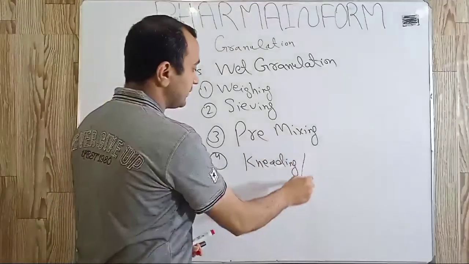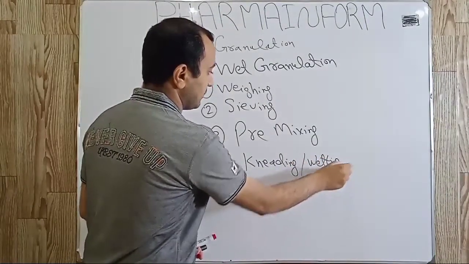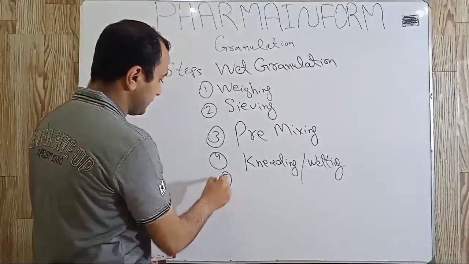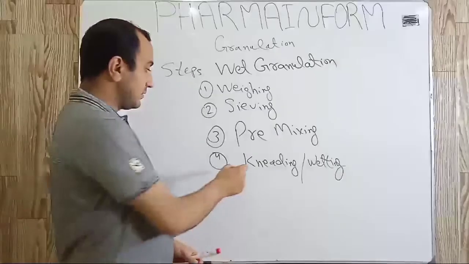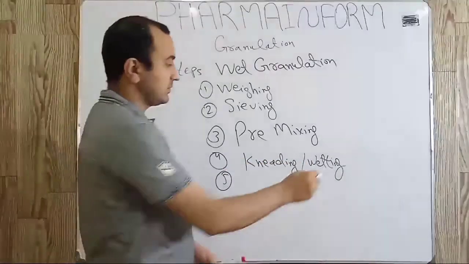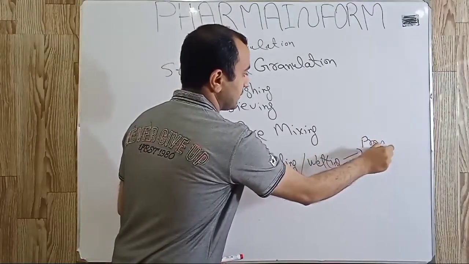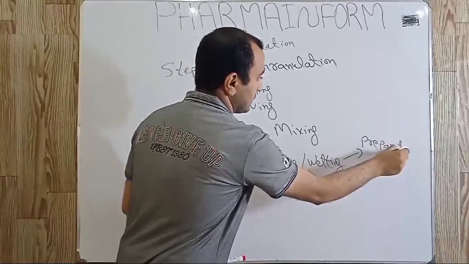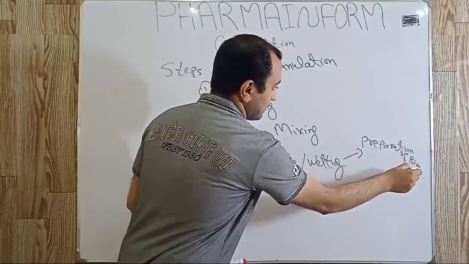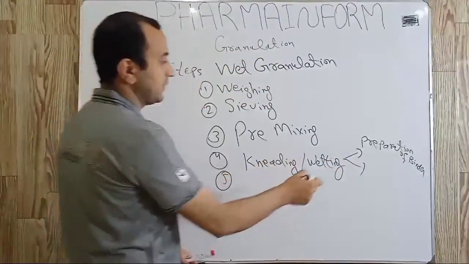Kneading is also known as wetting. Basically, the fourth step, kneading, has two subparts. One is preparation of binder and the other is addition of binder.